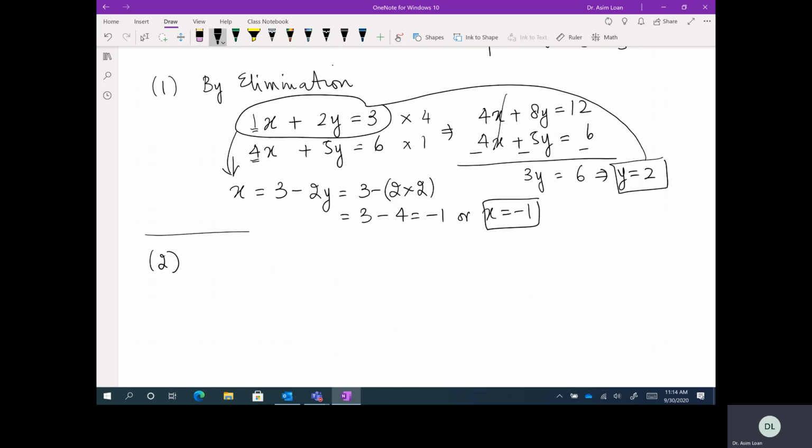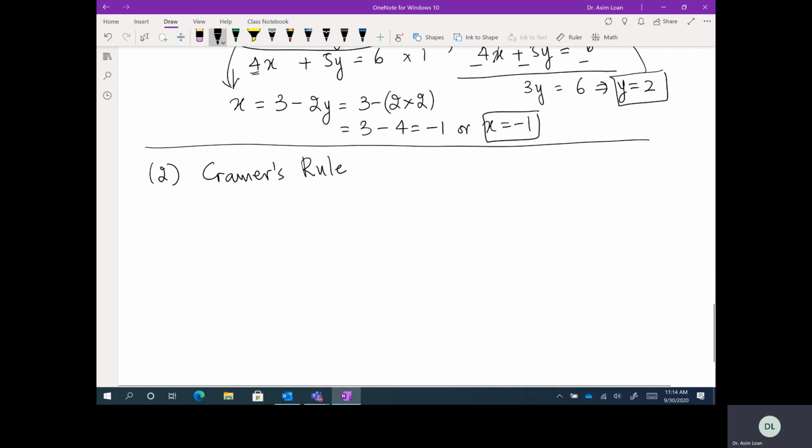The second method is Cramer's rule. Since this is a 2 by 2 system, it's easier to solve.